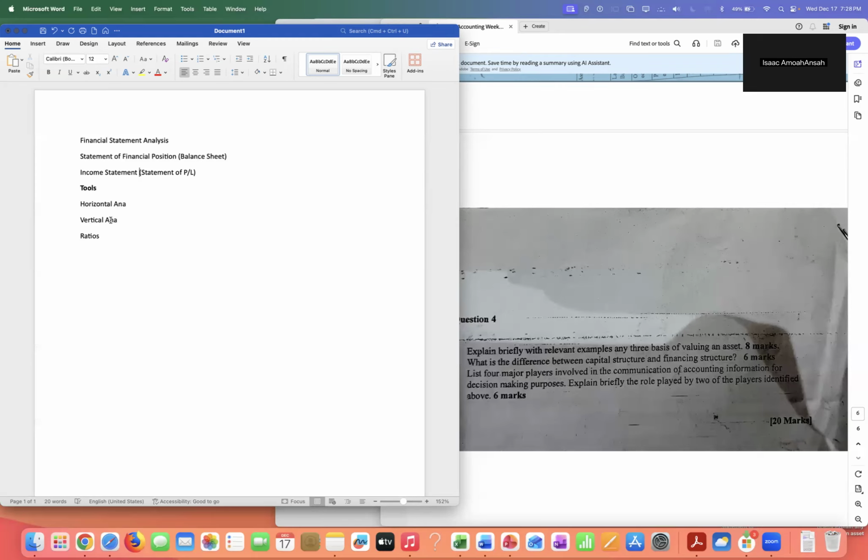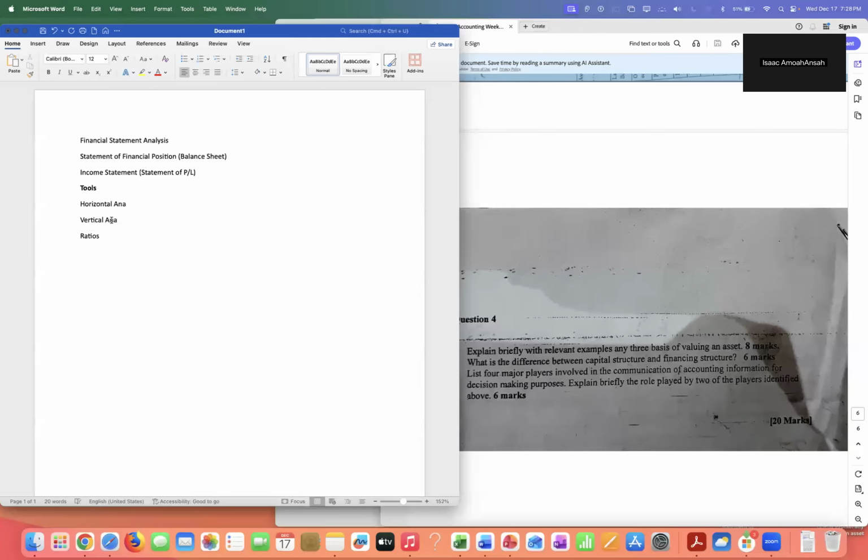How do we do a horizontal analysis? A very simple way. Horizontal analysis would want to note the growth in the performance of the items that exist on the face of the financials. We want to note the growth in the firm's performance over a 2-year period.